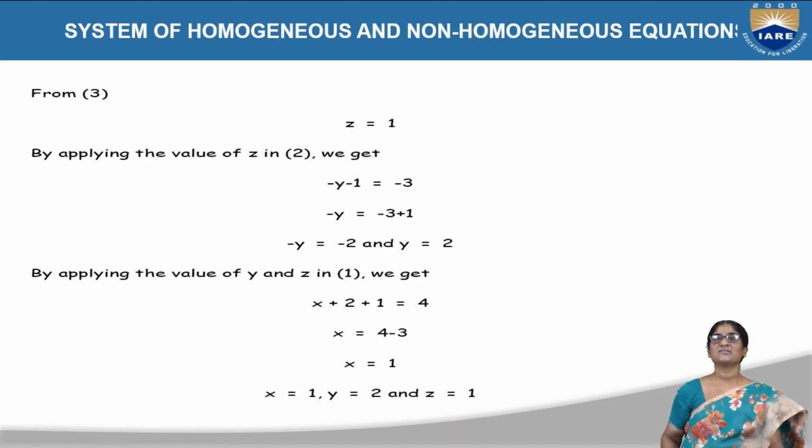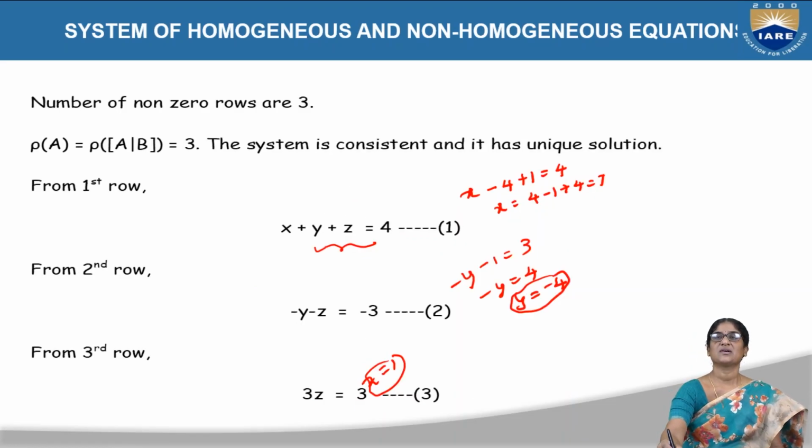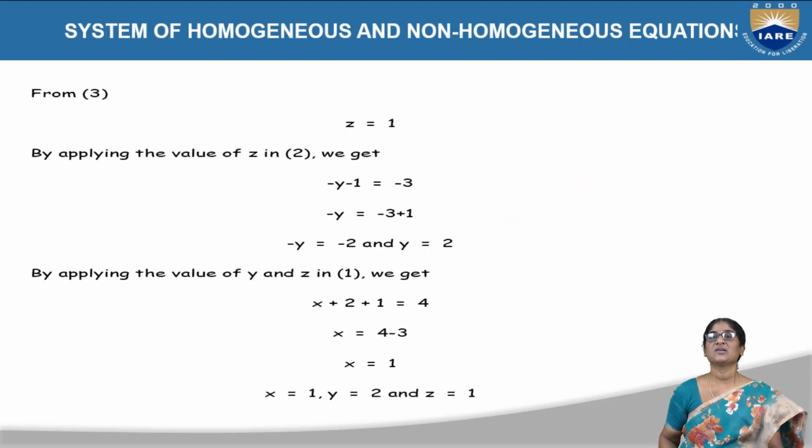Let us see once again the values that we are getting here. Applying the value of z, z is equal to 1, in the second equation, we get minus y minus 1 is equal to minus 3, so minus y is equal to minus 3 plus 1, that is minus y is equal to minus 2, or y is equal to 2.